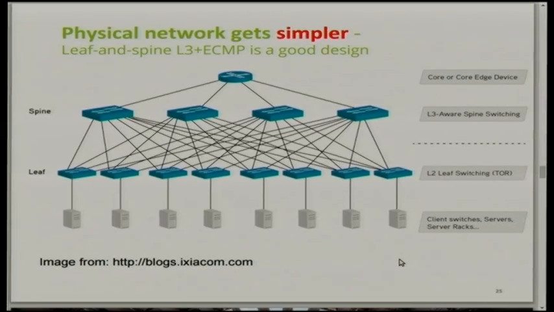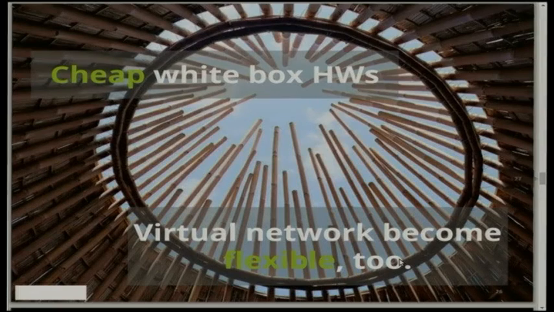Leaf and spine plus ECMP is a good design, and a corollary to that is that we can use cheap white box hardware for routers and so on. It doesn't have to be OpenFlow enabled, or you can use commodity servers.